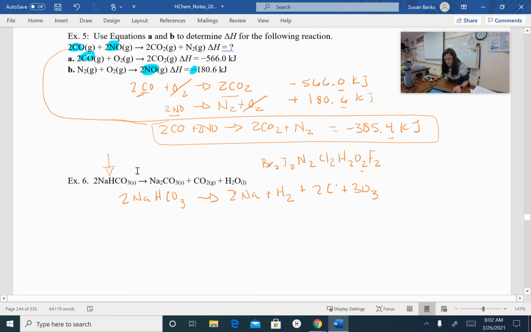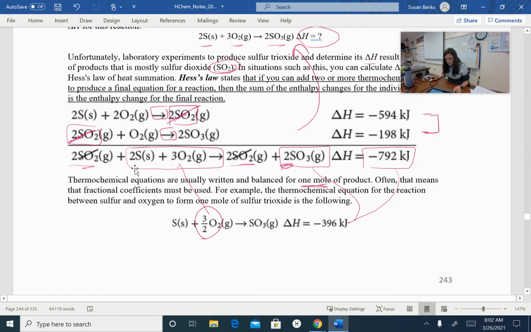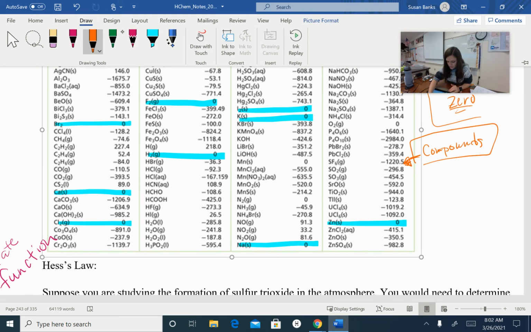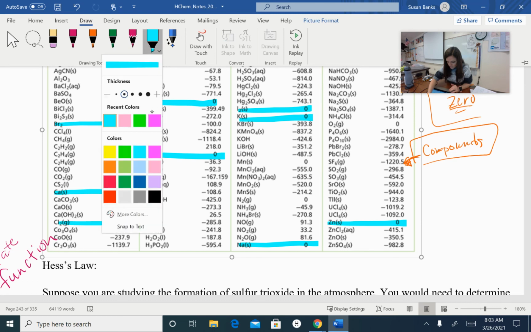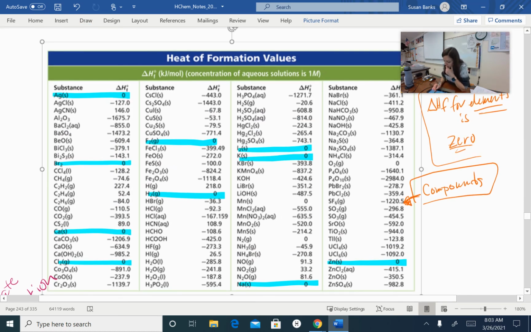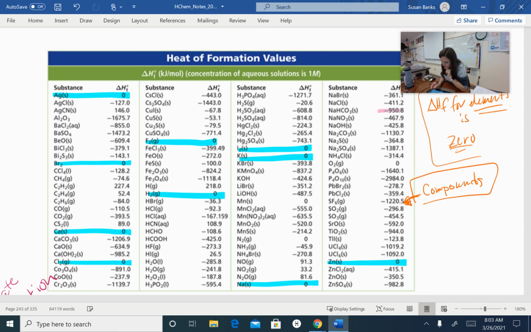Now let's look at our table and let's find sodium bicarbonate. So if I look at this table and I find sodium bicarbonate, here it is. Now, this is the heat of formation. I just deconstructed it, so I'm going to have to flip that value of 950.8, and I'm going to have to double it because I have 2 sodium bicarbonates.